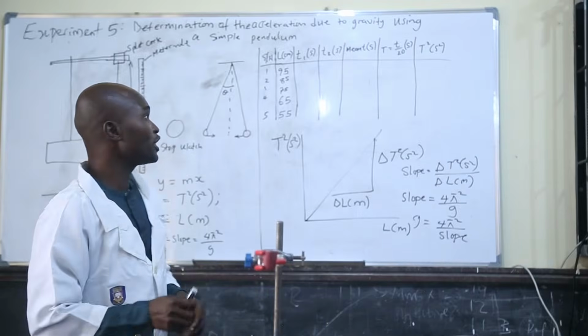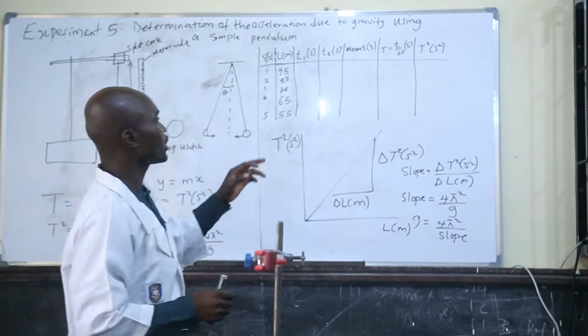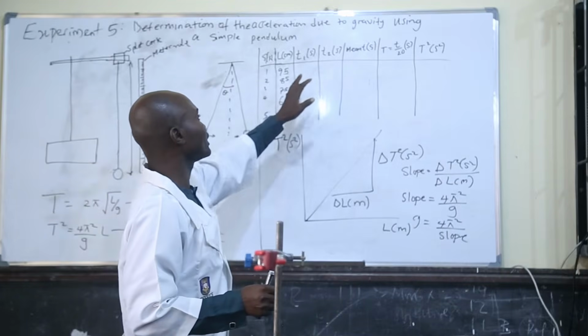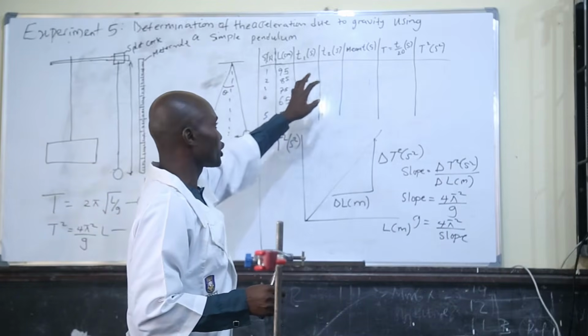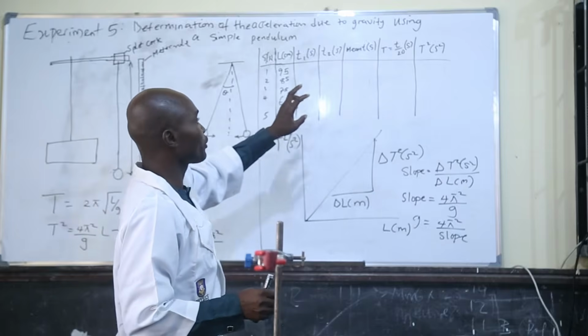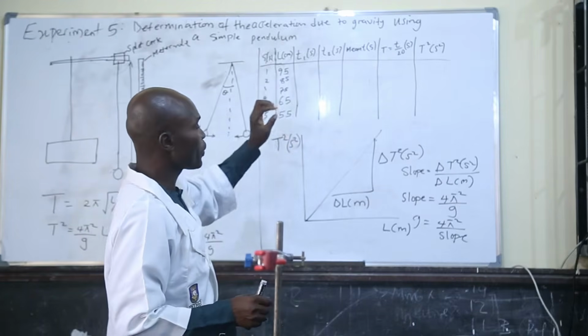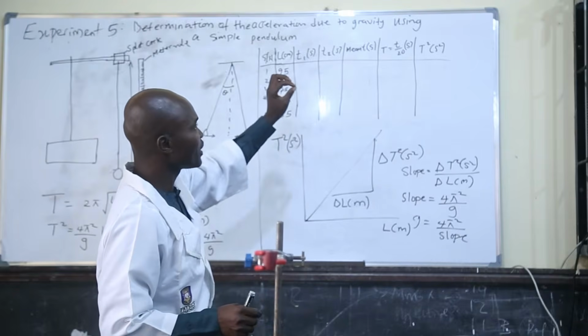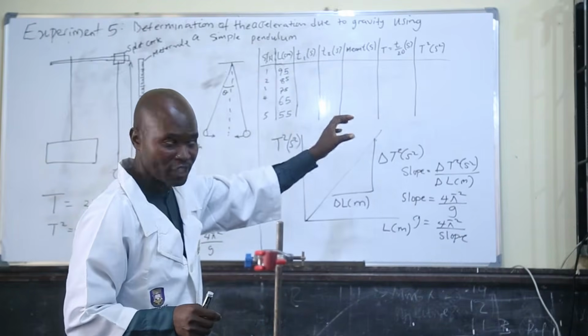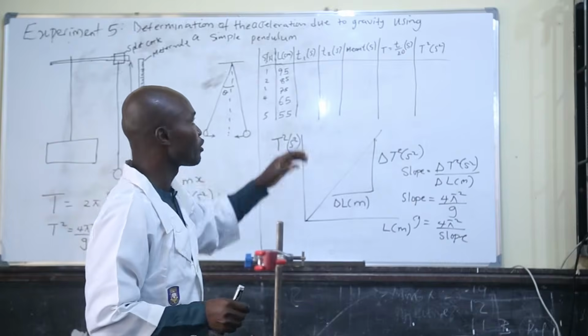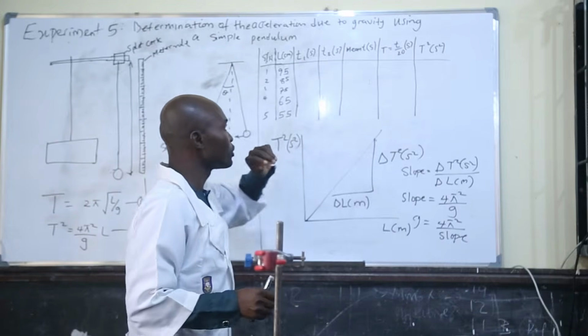For this experiment, you are to determine the value of your t, which is in seconds. You are to determine t1 and t2, and then the value of your t average, which is the mean, as shown on the table.